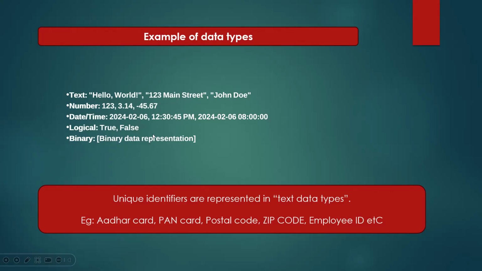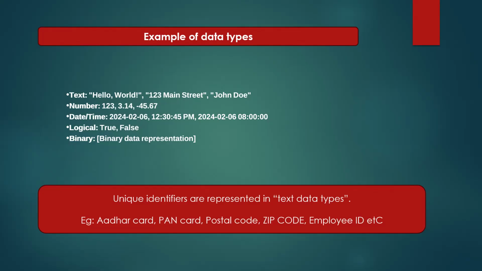And there is some important thing that you should note here. Unique identifiers are stored as text data type. First, you need to understand the meaning of unique identifiers. Unique identifiers means the identifiers which are unique to an individual. Suppose Aadhaar card. Aadhaar card is unique for any person, right? No two persons will have the same Aadhaar card number.